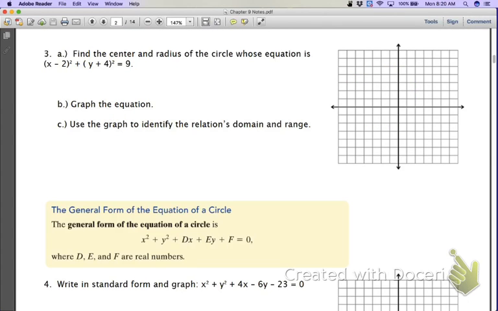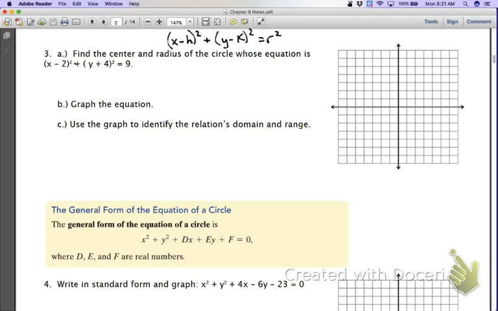Now, in this case, you are given the equation, and you want to find the center and the radius. Remember, with your equation, it's just going to be (x minus h) squared plus (y minus k) squared equals your radius squared. If it's a minus, it is what it is.